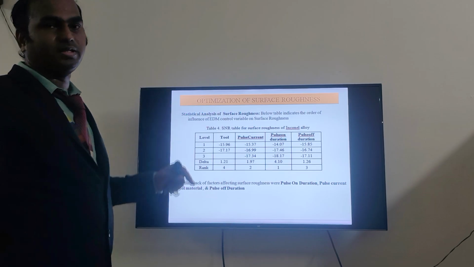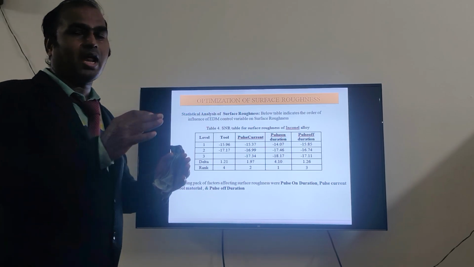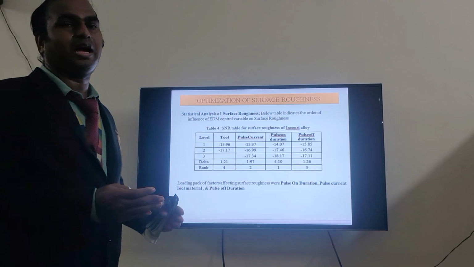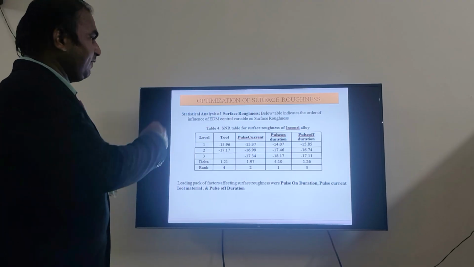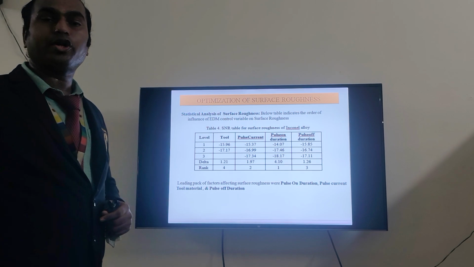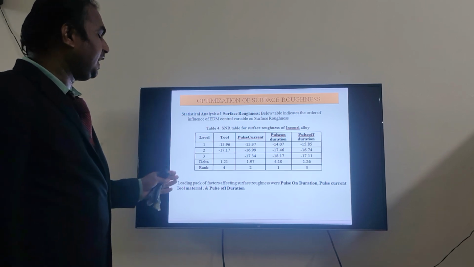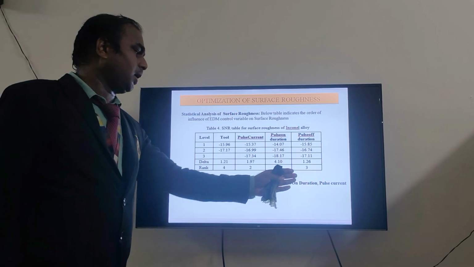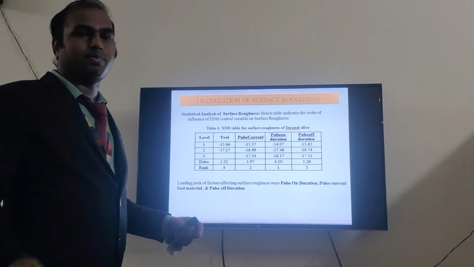Next is optimization of surface roughness. In the previous factor we optimized the MRR and obtained the set of parameter values giving the highest MRR. For the second optimization, I am moving on to surface roughness. The leading peak factors, pulse current, pulse on duration, tool material and pulse off duration, will be considered.